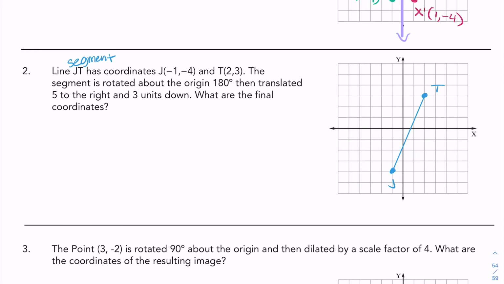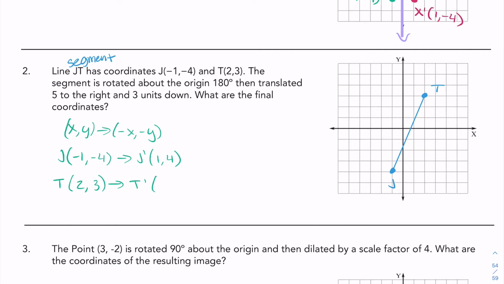Let's see what that would look like. We have x, y maps onto opposite x, opposite y. So J at -1, -4 would be at J prime, which is 1, 4. And then T at 2, 3 would be at T prime, which is -2, -3.